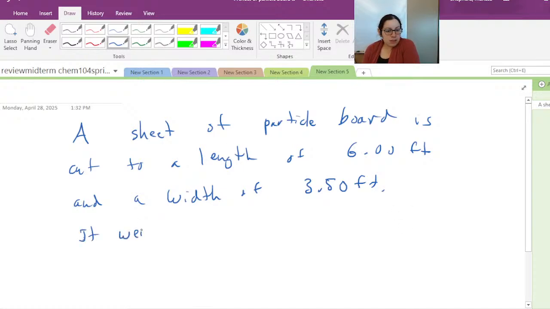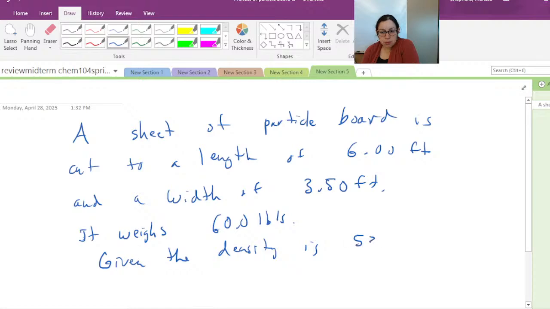It weighs 60 pounds. So given the density is 53.7 pounds per foot cubed, what is the thickness of the board?